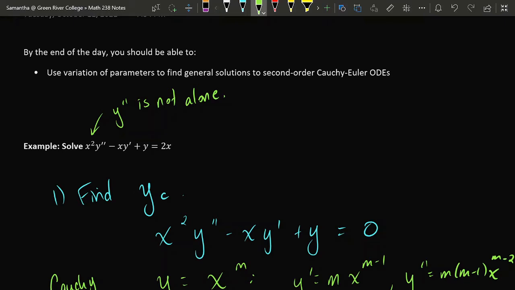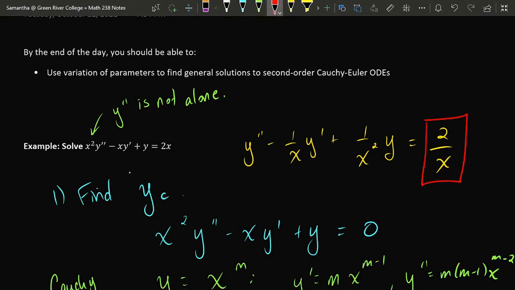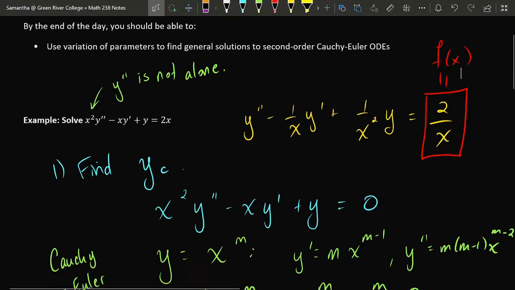In order to get it in the right format, I need to start by dividing everything by that x squared who is currently with our y double prime. So we get y double prime minus 1 over x y prime plus 1 over x squared times y equals 2 over x. And this 2 over x is the actual value of f of x that we need for the variation of parameters formula. So let me make a note of that down below.